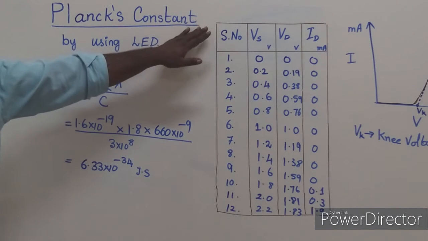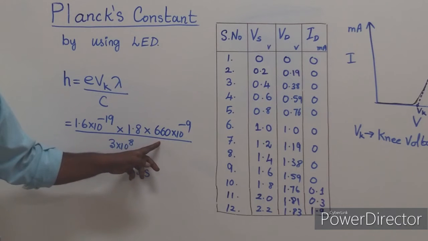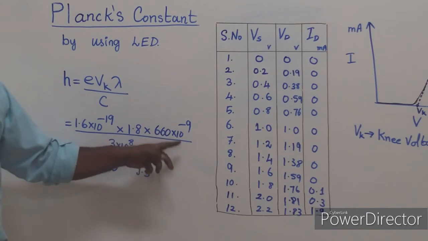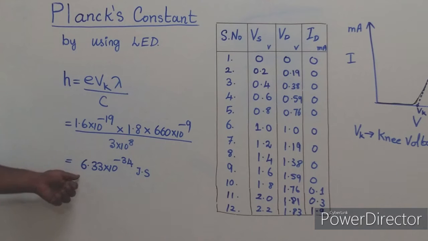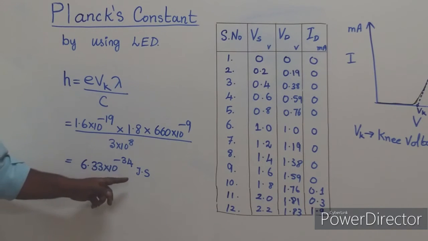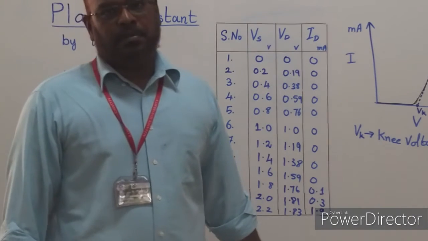This we have taken for a red LED. The wavelength is given as 660 nanometers, so 10 power minus 9 meters, and 3 into 10 power 8 is the velocity of light. If you substitute this and calculate, you will get 6.33 into 10 power minus 34 joule second. So this is the way you have to do the experiment.